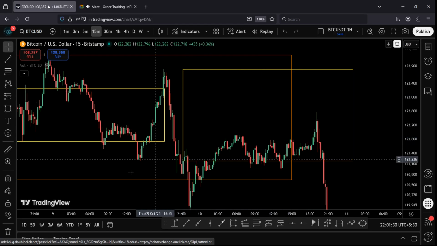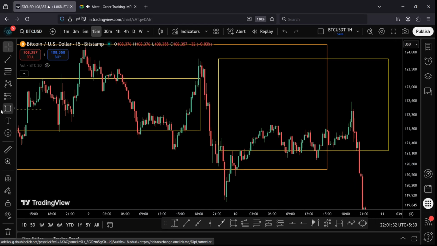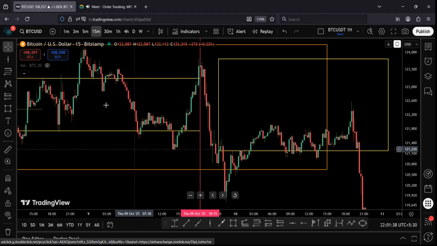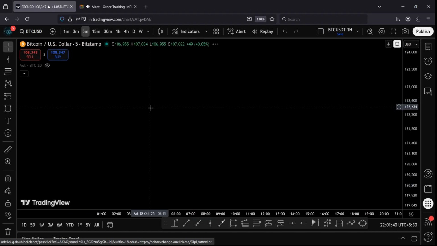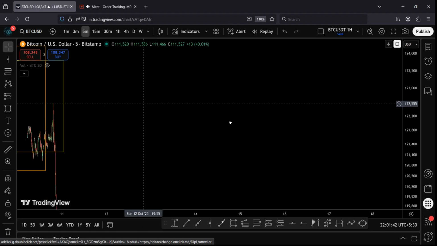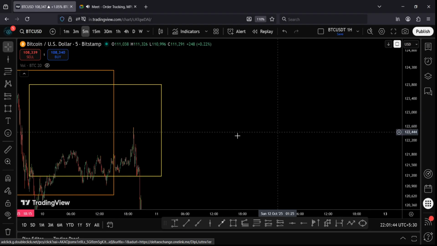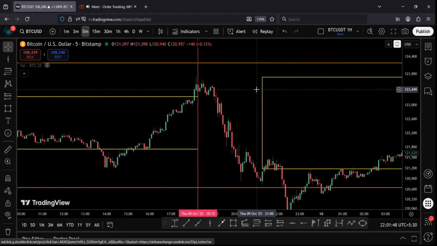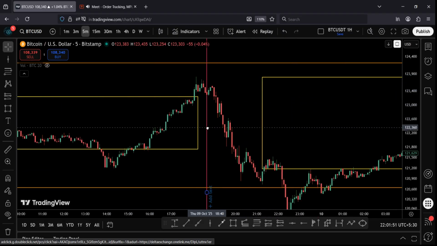We will go to a lower time frame. I will draw a vertical line here, and we will go to the lower time frame, 5 minutes. Okay, let's see on 5 minutes if we find something.